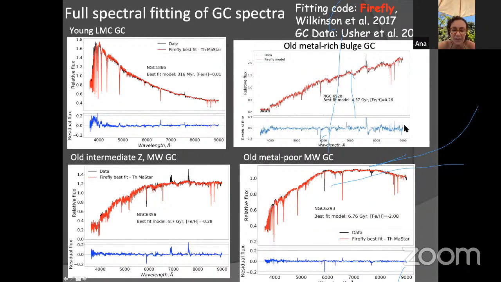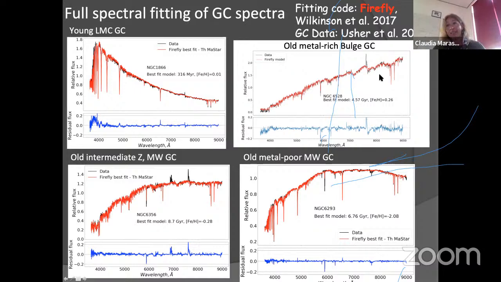Would it be interesting to have near infrared and UV spectra for a wide range of GC property data? So Anna, here we only use the same range as the data by Usher et al. and the range of the models.